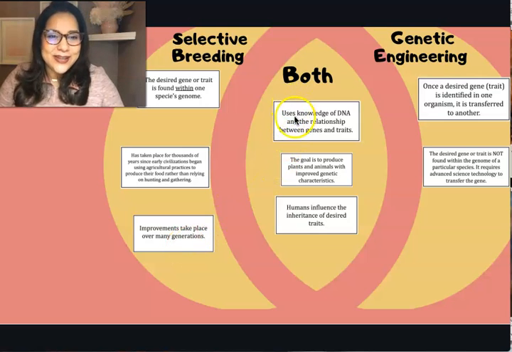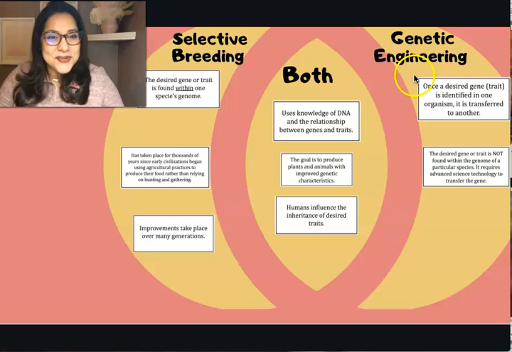In the center, we have that both processes use the knowledge of DNA, right? And the relationship between genes and traits. The second description box states that the goal is to produce plants and animals with improved genetic characteristics. And lastly, humans influence the inheritance of desired traits.